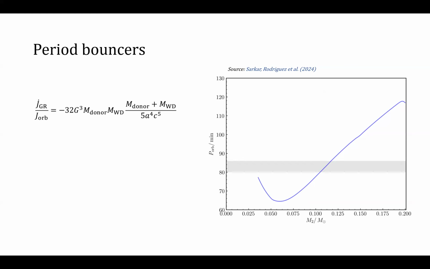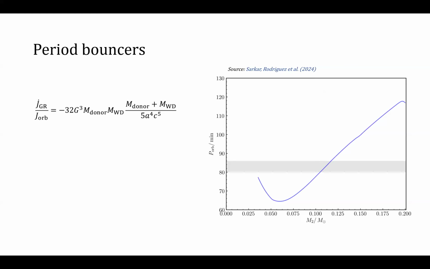So wait, why is the mass transfer rate decreasing? The binary is getting closer, so the angular momentum loss is becoming stronger. Right. If you plug in the equations, yes, gravitational wave radiation is becoming stronger because it's getting closer, but the donor is also losing mass.